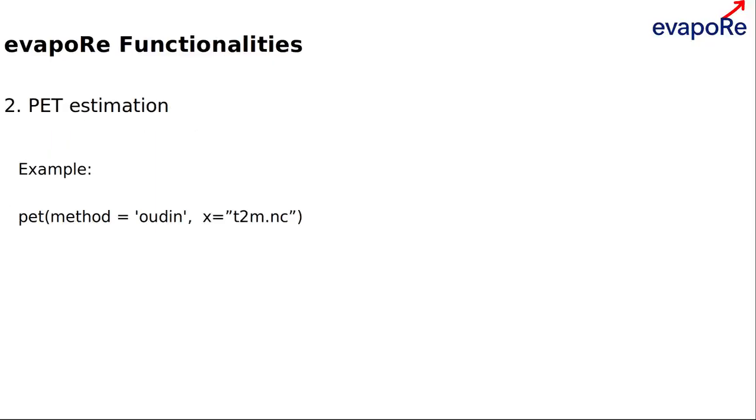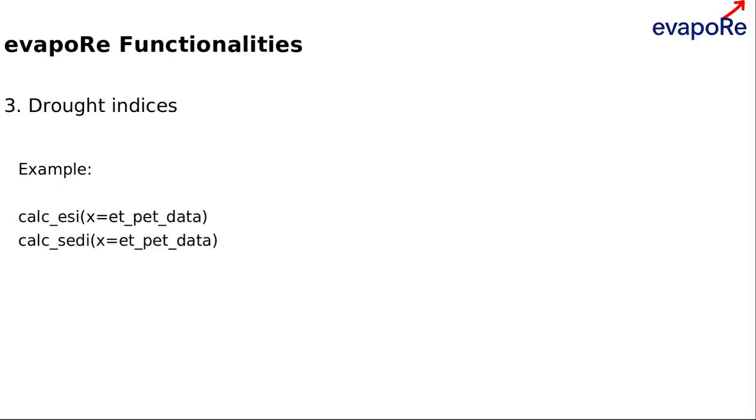This is an example of the PET method: you can use the PET function to calculate potential evapotranspiration. For example, here, by using the Oudin method and providing average temperature, you can calculate potential evapotranspiration easily. We also have some drought indices functions, which are purely based on actual evapotranspiration and potential evapotranspiration.